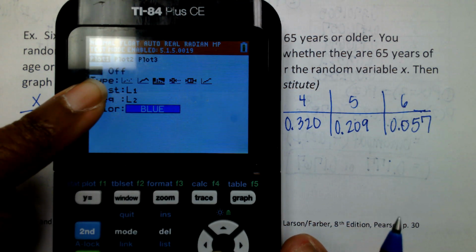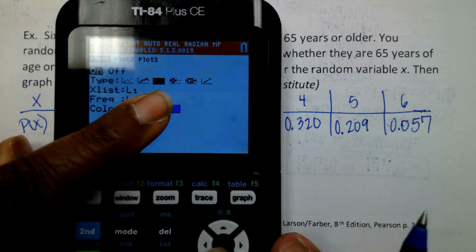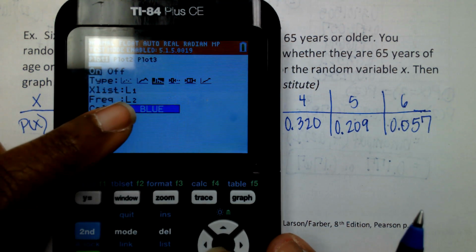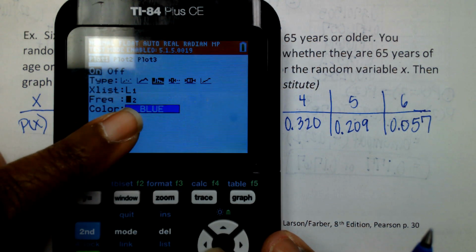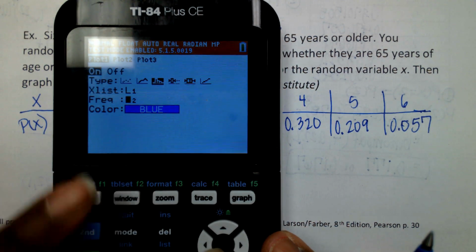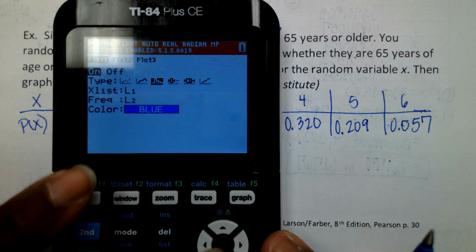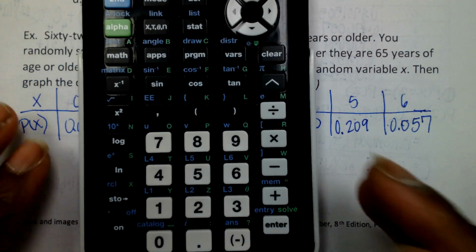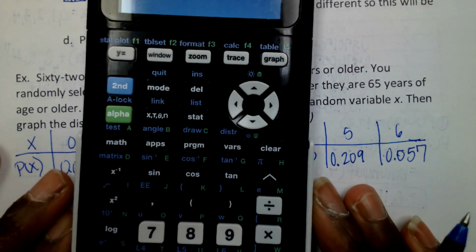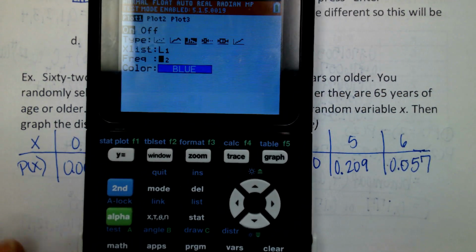Make sure it's dark and blinking. Make sure you hit the histogram. Make sure your X list is L1. Frequency L2. If it's not L2, second number 2. If X list is not L1, second number 1. So we hit the second button again because it's in blue, and that's what we want. Second number 2.